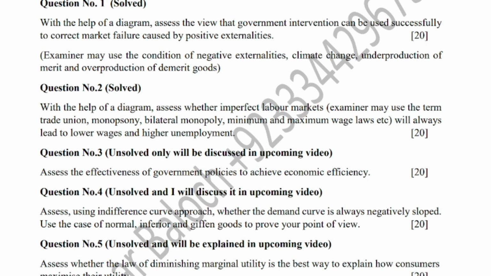So instead of using the word imperfect labor market, the examiner may use terms like trade unions, monopsony employer, bilateral monopoly, minimum and maximum wage laws, right? So the answer will be exactly the same if he uses trade unions. If he uses imperfect labor market, then it means the examiner is referring to all of these terms including trade unions, monopsony, minimum and maximum wage by the government.